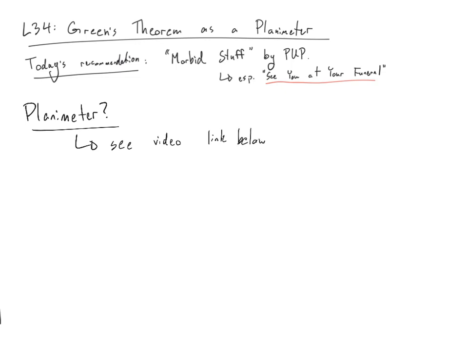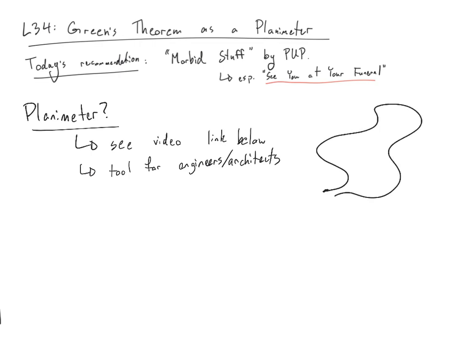But essentially a planimeter is an actual physical tool for engineers, and I think architects actually use them all the time, where it's this tool that you drop a little head at some point on a page and you trace it around, and maybe you're doing some amazing outdoor pool design and you want to know, like, what's the area of this pool that I just drew, because you want to know the square footage, because you need to calculate how many tiles you're going to buy to fill it, and whatever.